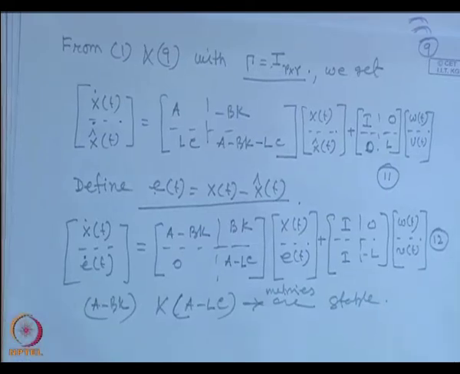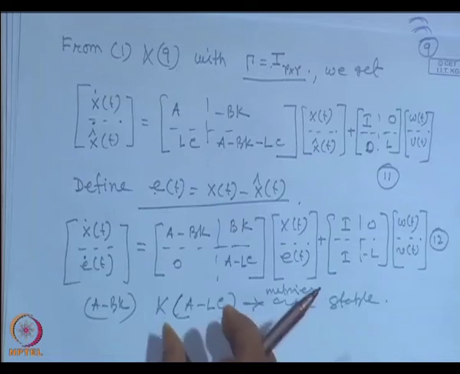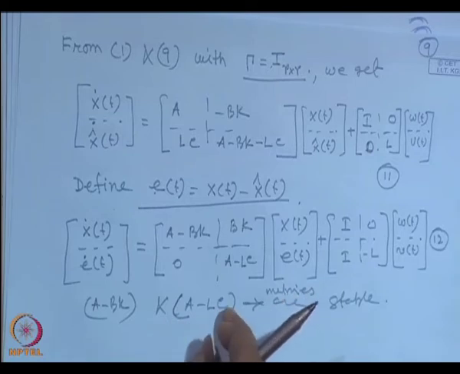Agree? However, you see how you design the controller gain or observer gain L. It is better that the eigenvalues of the observer or estimator, A minus L c, should be at least 5 to 10 times the eigenvalues of the controller. Agree?